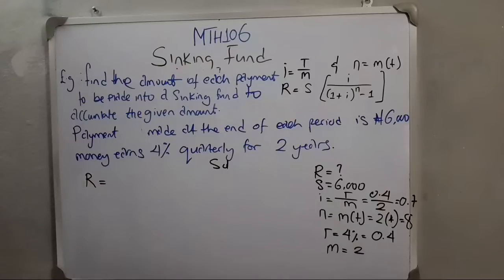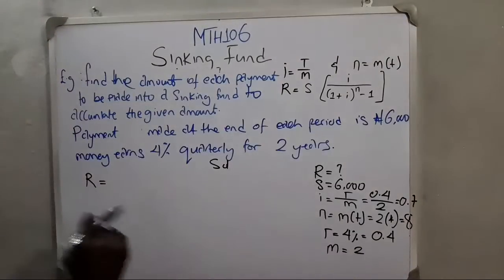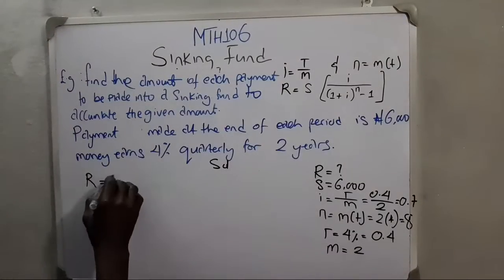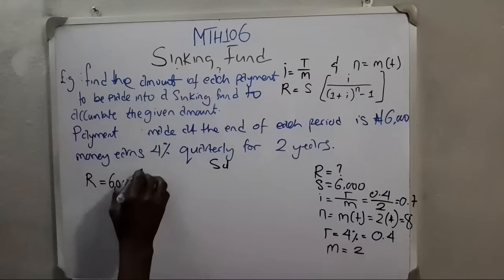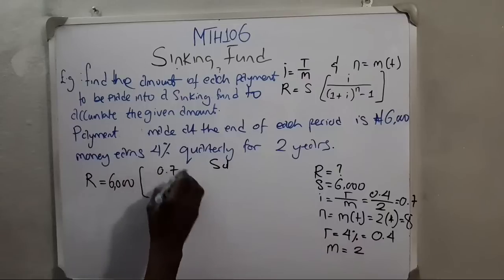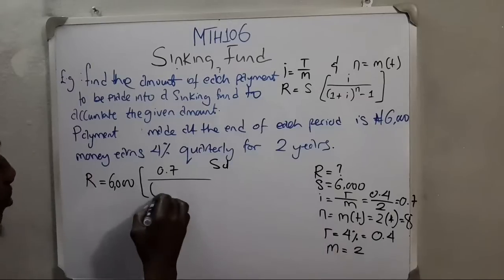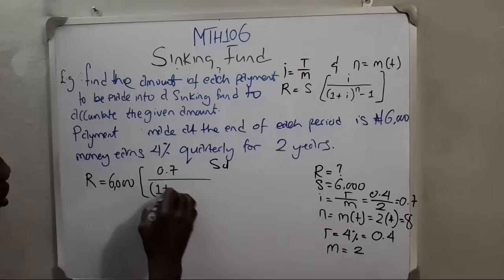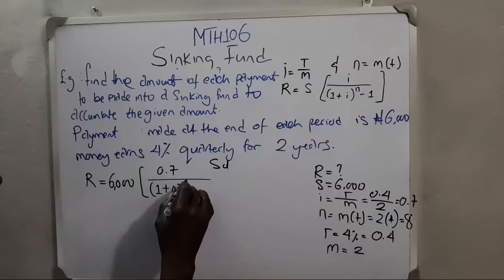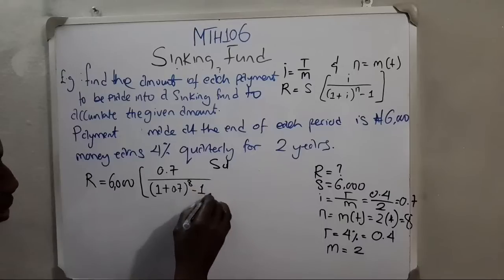Are we good to go? Now we have all this sorted out, let's come back here. So we have R equals 6,000, open bracket, our I is 0.7, over open bracket 1 plus 0.7 close bracket raised to the power of 8 minus 1.